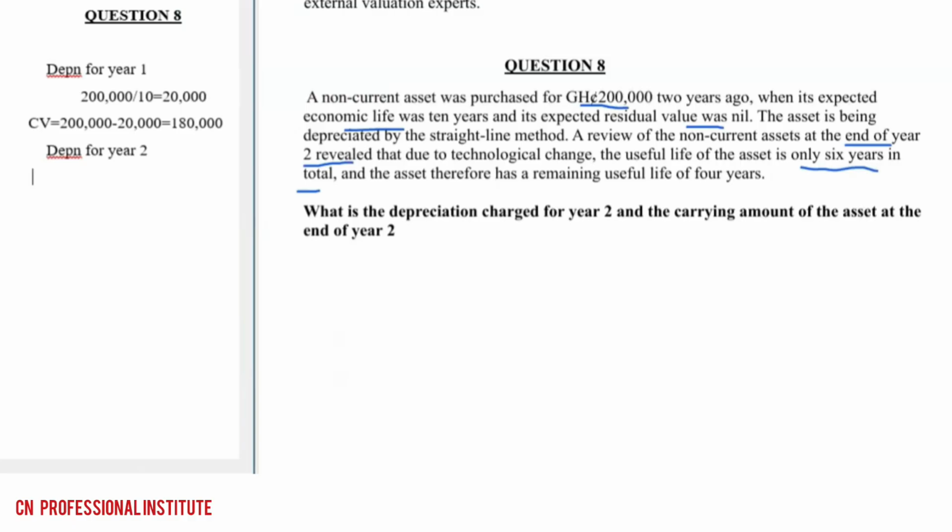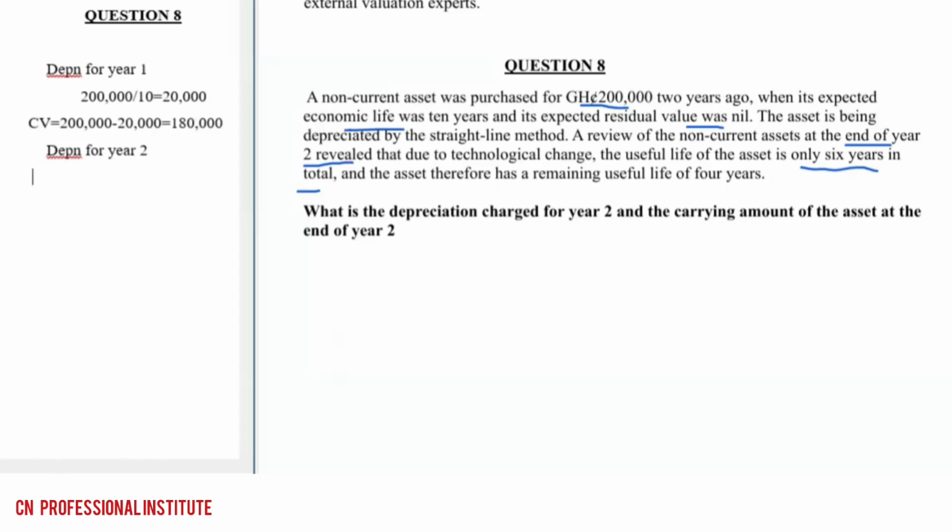If you charge accumulated depreciation for 2 years before you deduct and get the current value, you get 160,000 as the current value. You are wrong. The change happened in year two, so we have to calculate depreciation in year two using the new life, the 6 years.